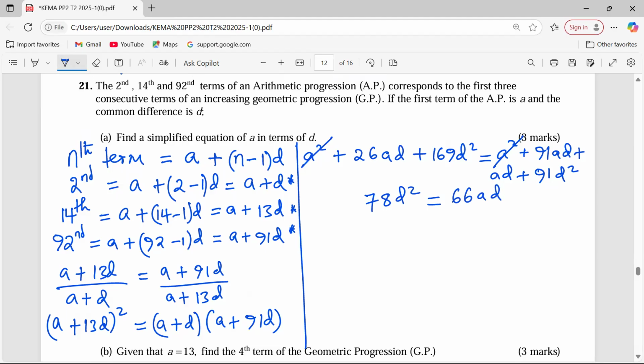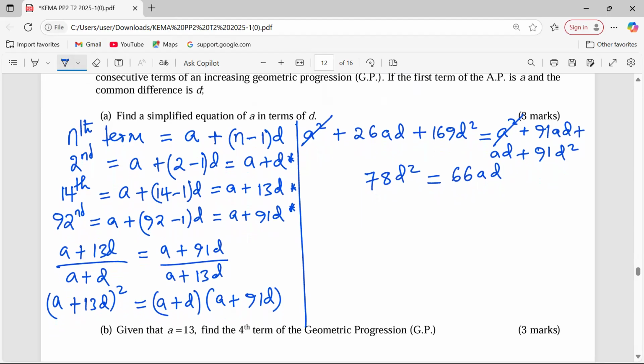So with this, we can adhere to the first instruction, which is finding a simplified equation of a in terms of d. So we make a the subject. To remain with a, we divide 78 by 66.